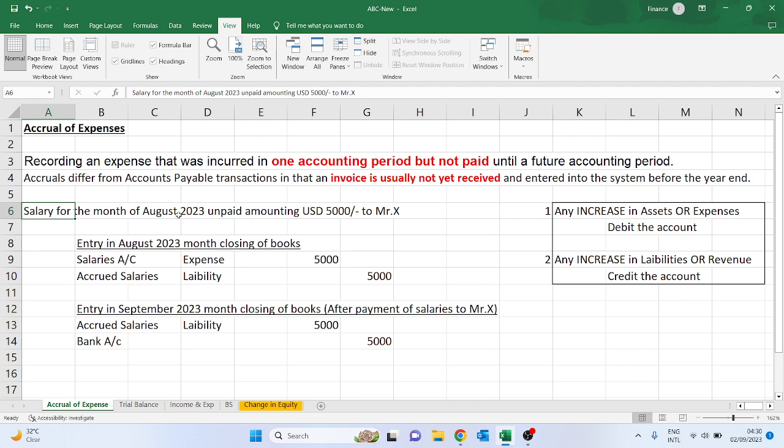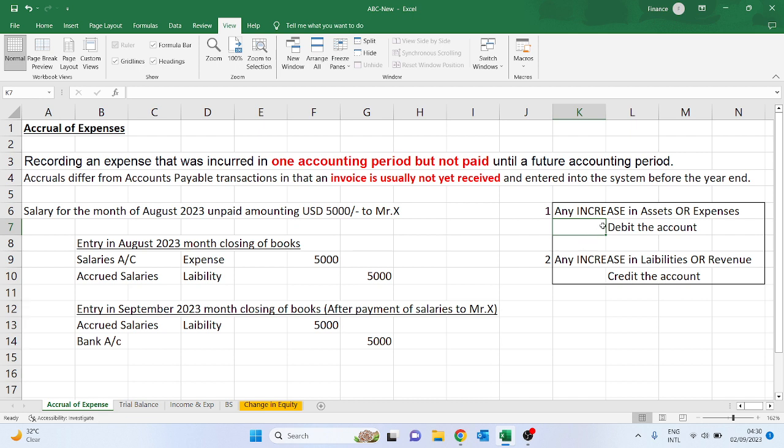So here, if you are going back to the golden rule and the shortcut we have already discussed earlier, if you don't know this shortcut method, please watch my earlier part 1, part 2 complete accounting cycles, then you will understand it better if you are watching this for the first time.